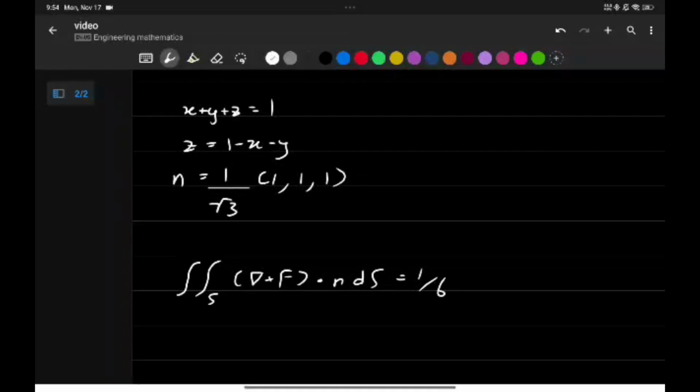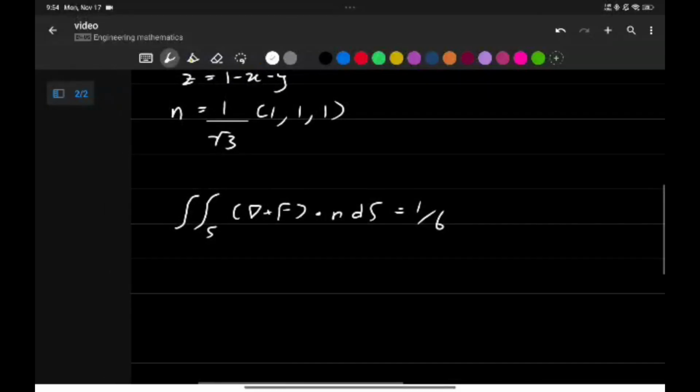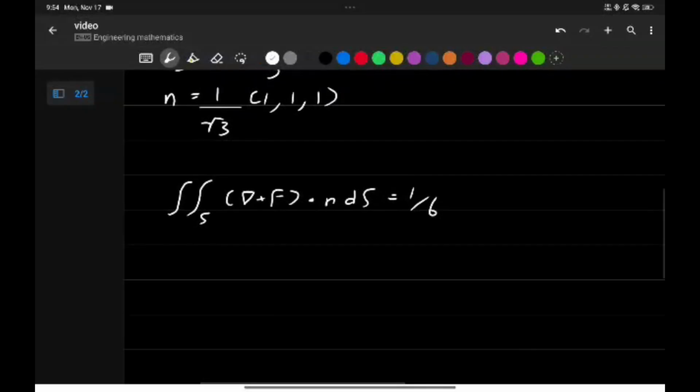The projection on the xy plane is a triangle with vertices at (0,0), (1,0) and (0,1). After that, we substitute and compute the flux. After simplifying, we get the answer, which is 1/6. This shows how Stokes' theorem works, even for non-flat surfaces.